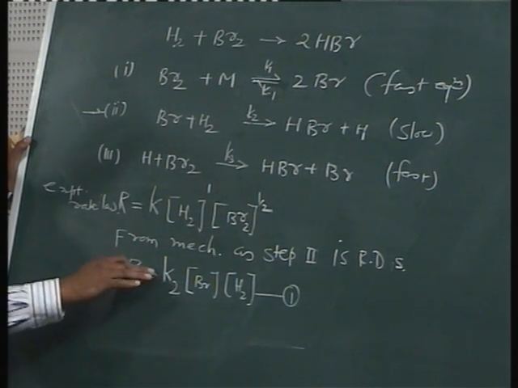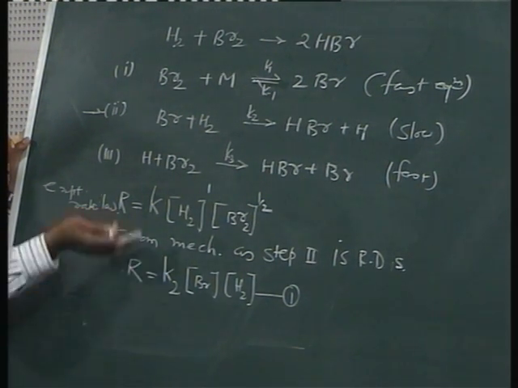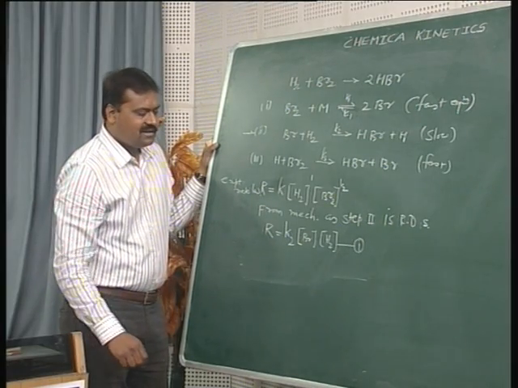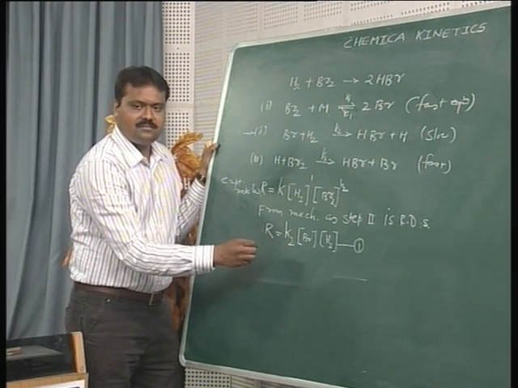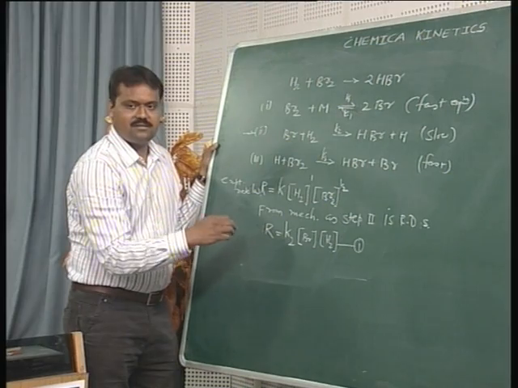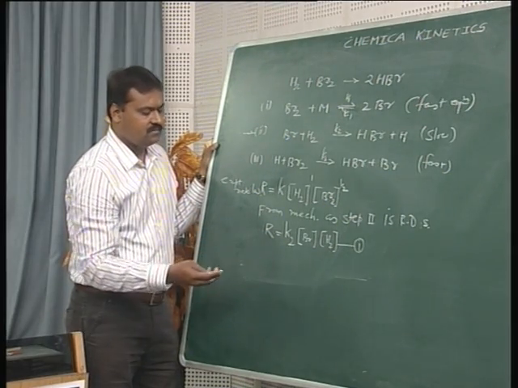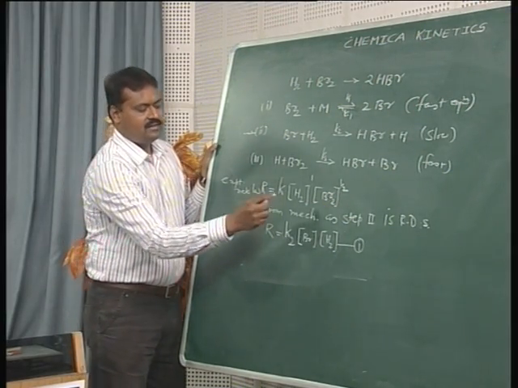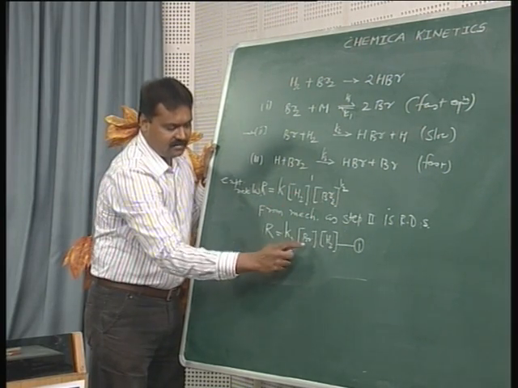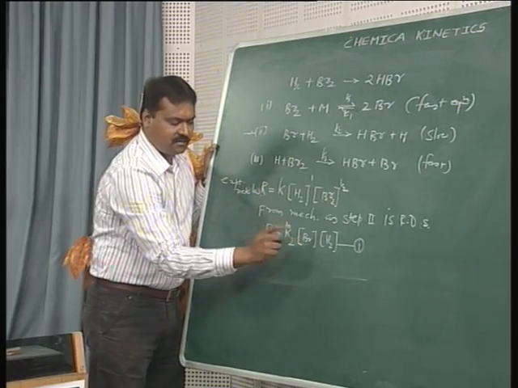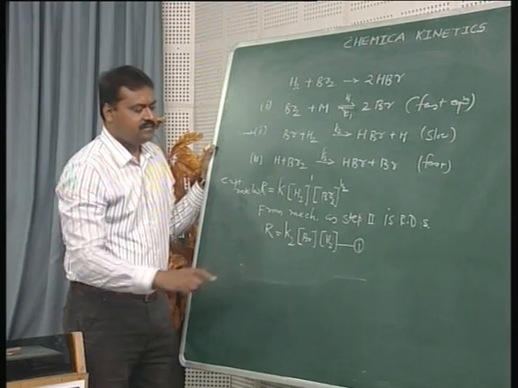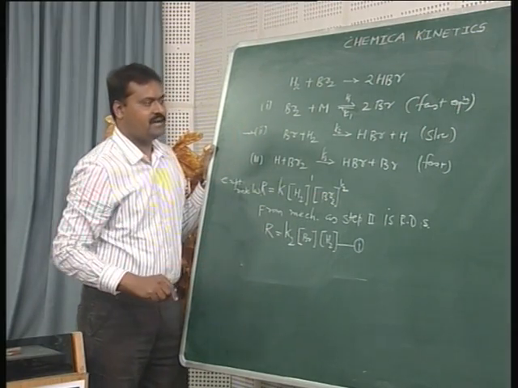So we have to again modify this rate law by using the mechanism. For that we should consider the concentration which is desired and the concentration which we do not want. Say here the desired concentration is Br2. This concentration we want and this concentration we do not want, and therefore we have to find a relation between these two in the mechanism.